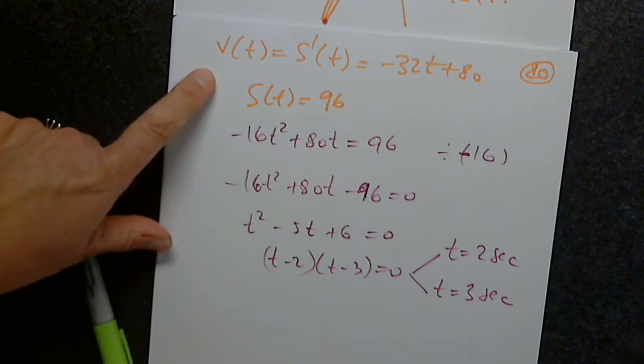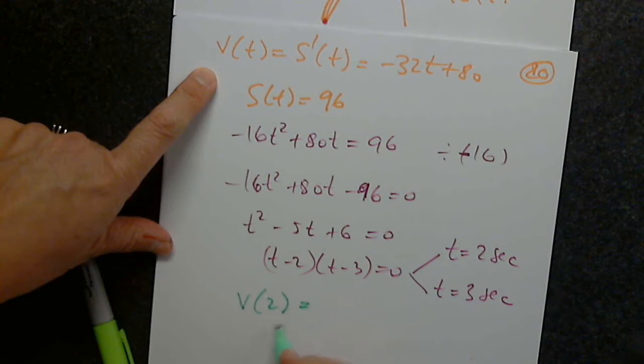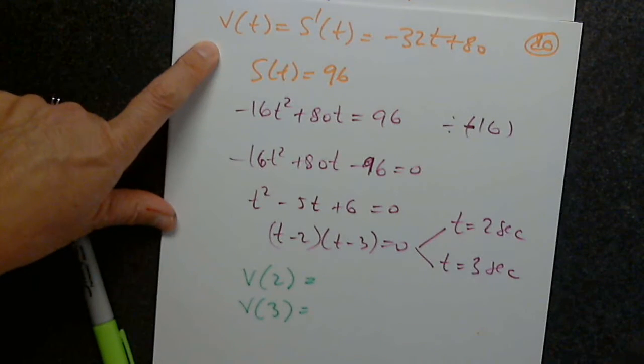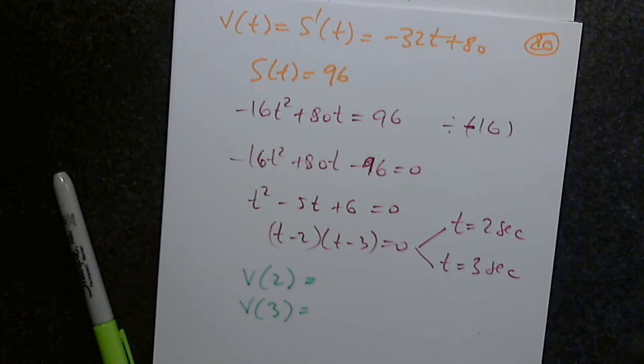So then I have to determine v of 2 and v of 3. So the time needed for the ball to reach 96 feet before it reaches 100, which is the maximum, and it starts coming back down, is 2 seconds on its way up, and 3 seconds on its way down.